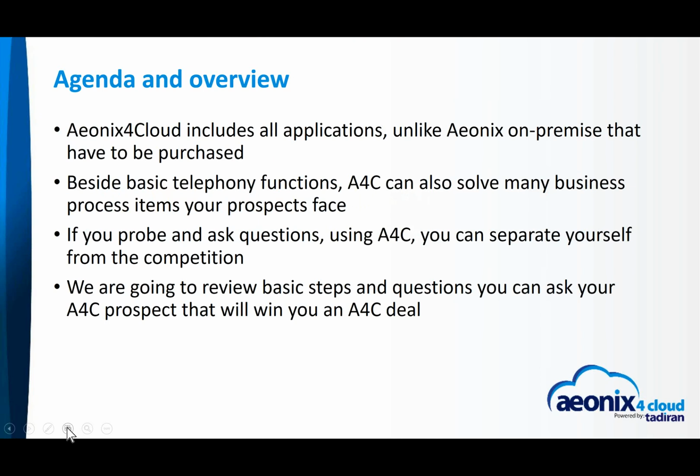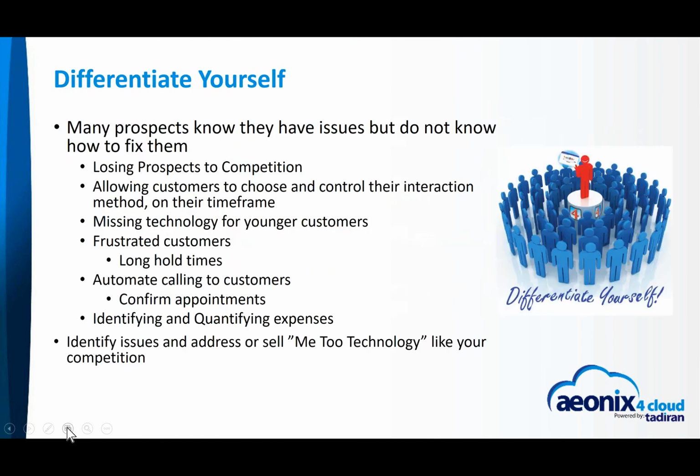Another way is to sell by solving customers' problems and issues, being more of a consulting type of salesperson, a problem solver who brings value to them. So we're going to look at some basic steps and questions you can ask your prospect to see how you can separate yourself and win the Aeonix for Cloud deals.